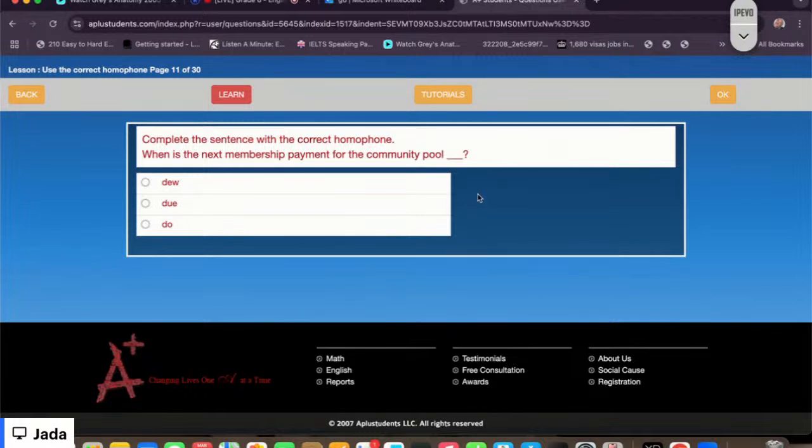When is the next membership payment for the community pool? Dew, or due? Which of them? Due, due, or due?